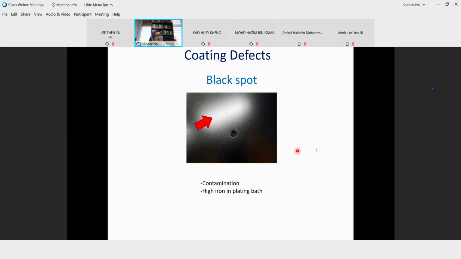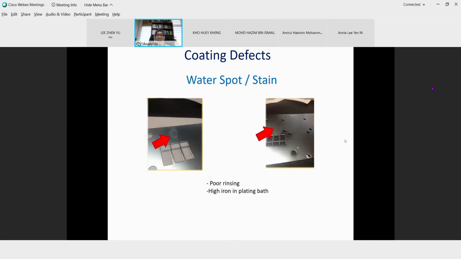So sometimes they can actually have the minimum. So this is actually contamination or high iron in plating bars, in bus plating. So you can actually have some sort like this. This is also considered for steel plating, electroplating.